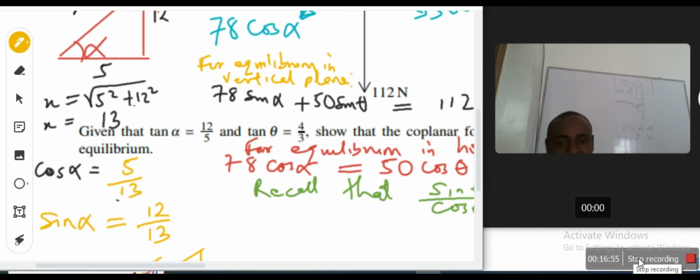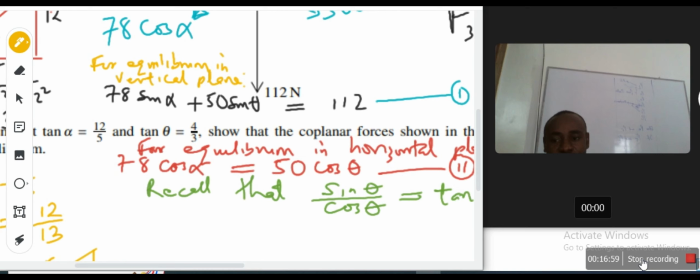Can you now use that and substitute into these equations? You can now get whatever you're looking for. For instance, if you substitute it into this one equation, you will see that what is on the left is equal to what is on the right.